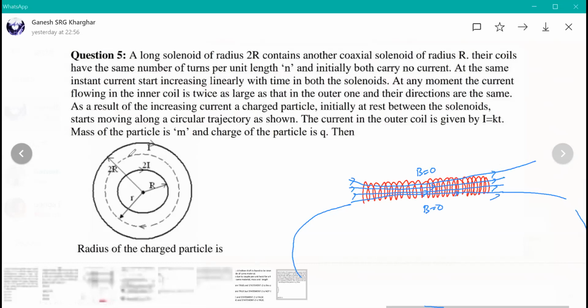So we will see that in this type of region, there is, let us say, magnetic field B1, with clockwise currents going into the plane. But in this type of region, there's a magnetic field B2. B2 will be the field because of both the solenoids combined, superposition of two fields, whereas B1 in this region will be the field only because of the outer solenoid.